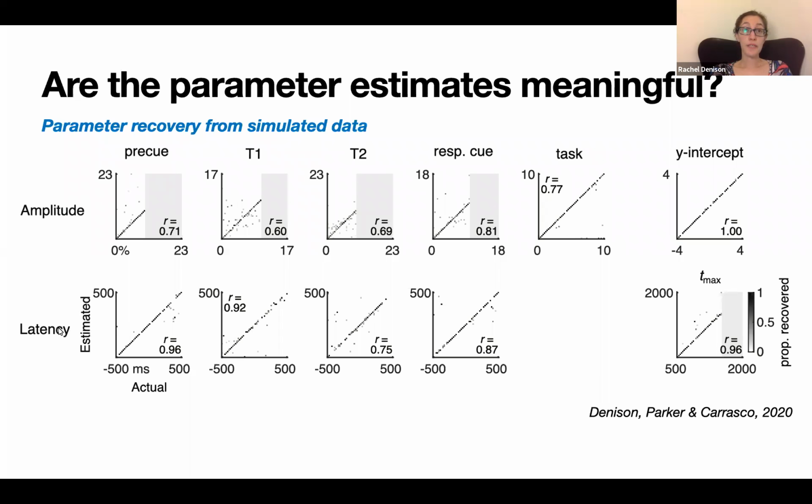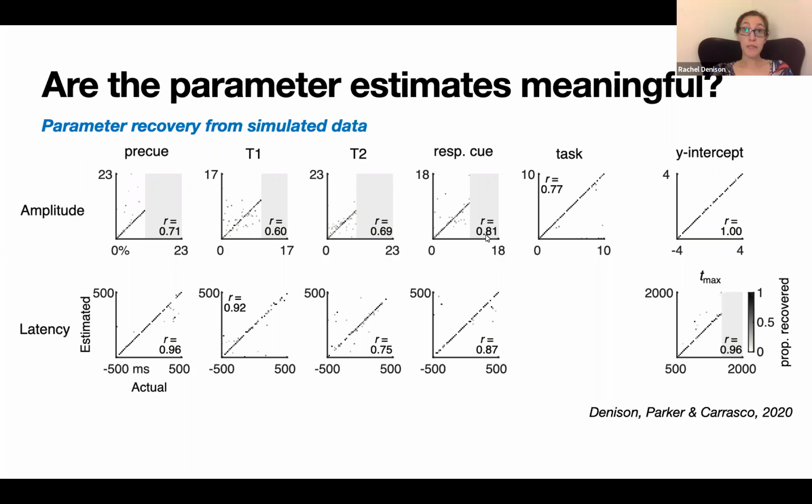So that includes these 4 latency parameters associated with each event, pre-queue, T1, T2, and response queue, as well as the Tmax parameter, or this time to peak of the pupil response function. So these timing parameters tended to have better recovery than the amplitude parameters, with almost perfect recovery for Tmax, this time to peak parameter.